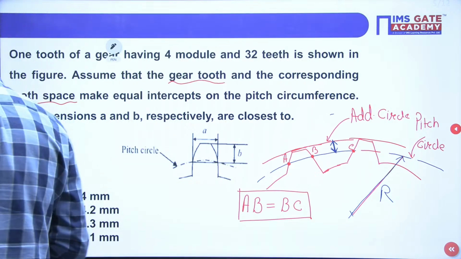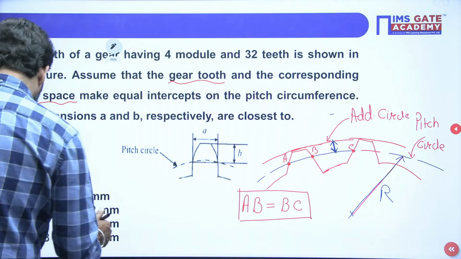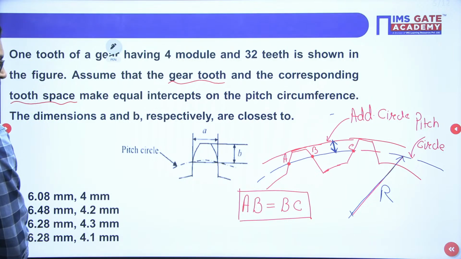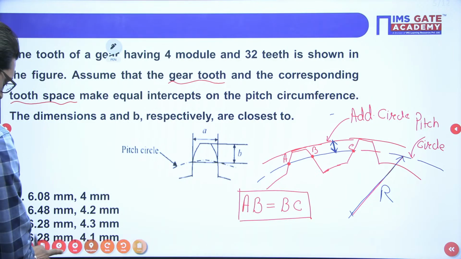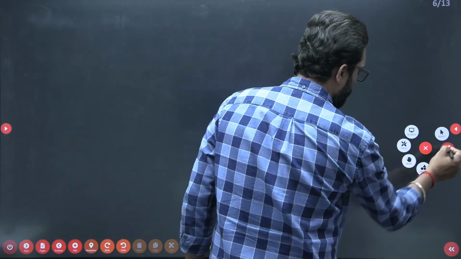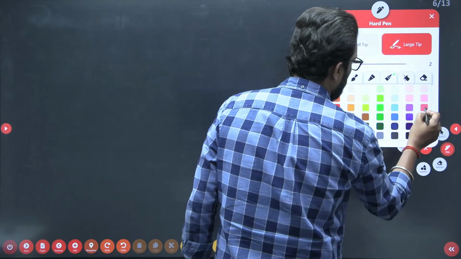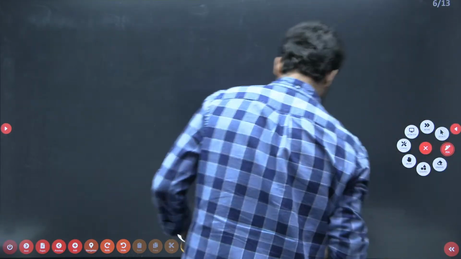What is the circular pitch? So from here you can easily find circular pitch. So let's take a look at this one, because you must note some information here so that you do not get confused.